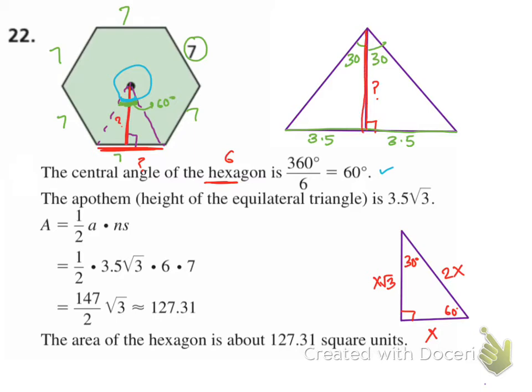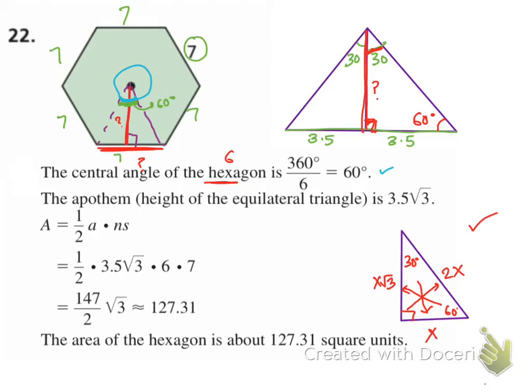Apothem. Just look carefully. This is 30. This is 90. How much is this? 60 degrees. It's a special triangle. So you look at this picture. There is a relation between the sides of a special 30, 60, 90 triangle. The side opposite to 30 is x. The side opposite to 60 is x root 3, and the side opposite to 90 is 2x.